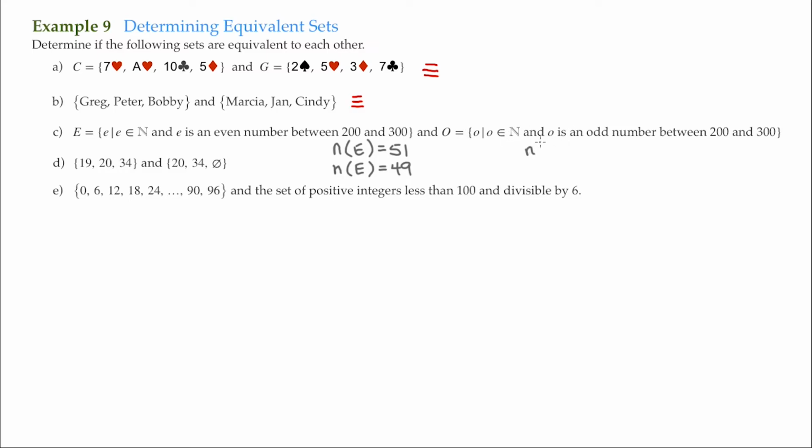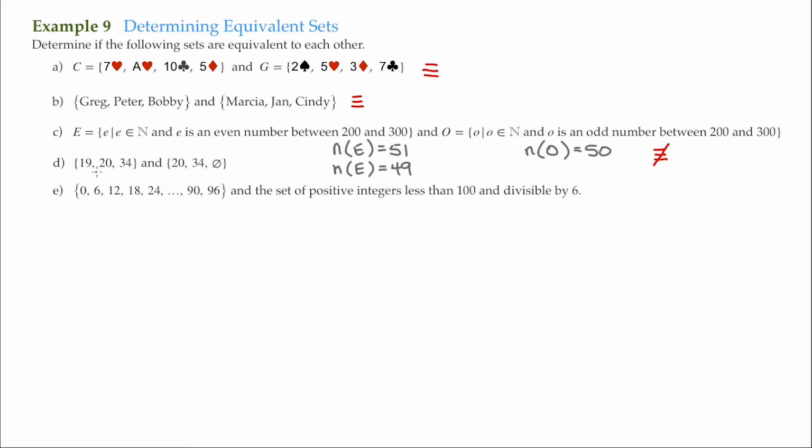The cardinal number for O is going to be 50. Either way, if we include 200 and 300, or if we don't include 200 and 300, these two sets are not equivalent to each other. So I'm just going to put the equivalency sign with a line through it. So they're not equivalent.